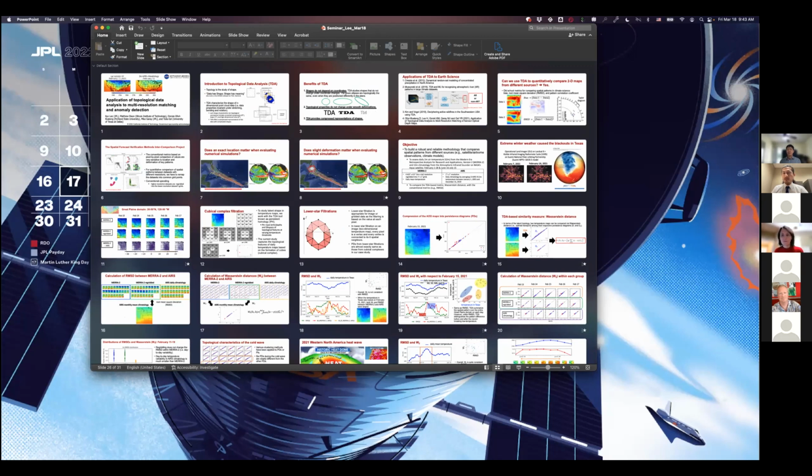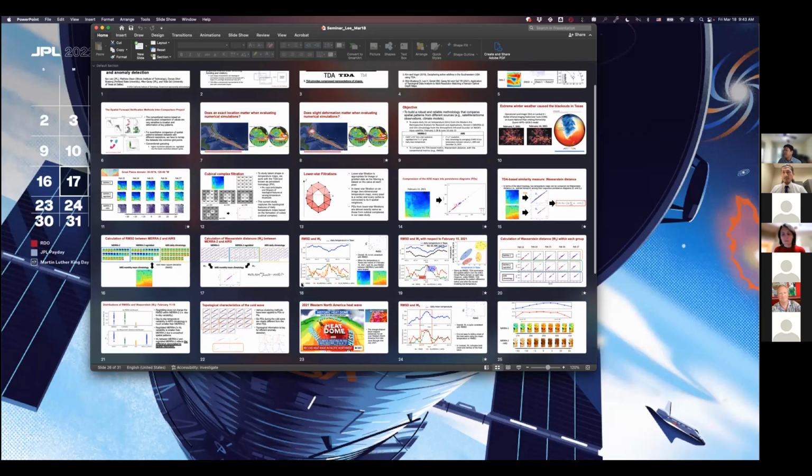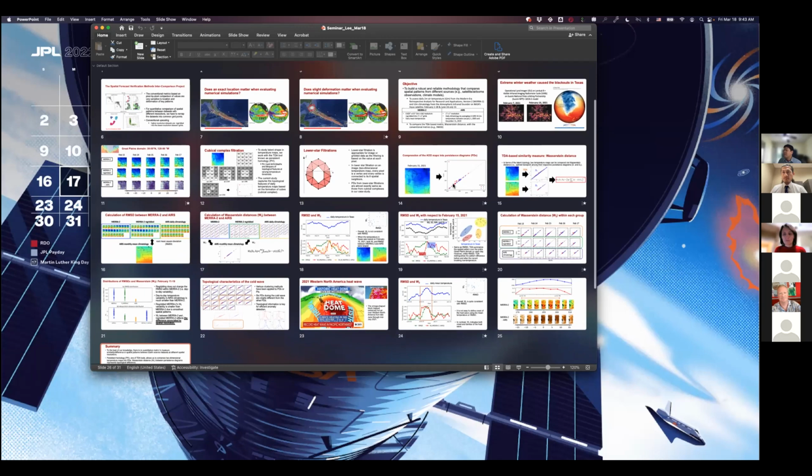Yeah, I really have a question about the persistence diagram. It lacks the spatial component.